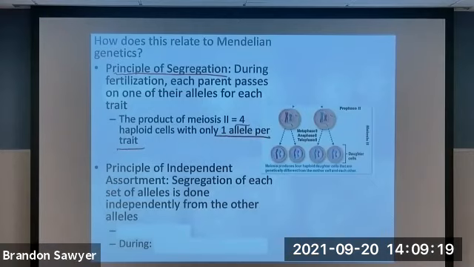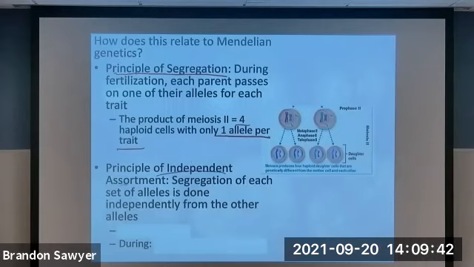This is why we only pass on one allele: each gamete only has one full set of chromosomes, not the pairs. It doesn't have 23 pairs of chromosomes, it just has 23 chromosomes. So that's where the principle of segregation is being shown.